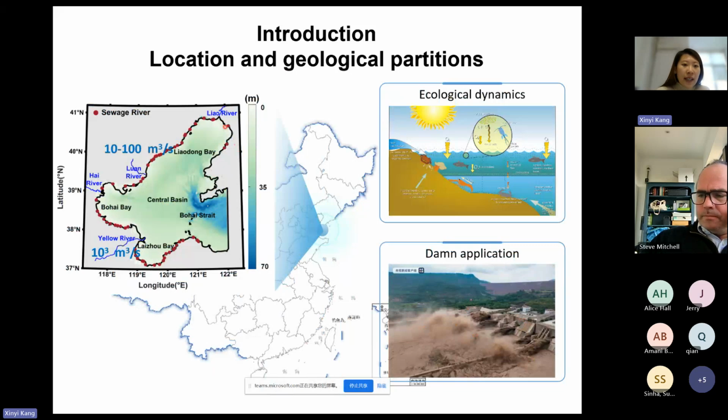In our study area, the Bohai Sea, in addition to these four major rivers, another six sewage rivers along the Bohai Sea coast also bring nutrients into the sea. Artificial dams also have a great impact on the Yellow River discharge.